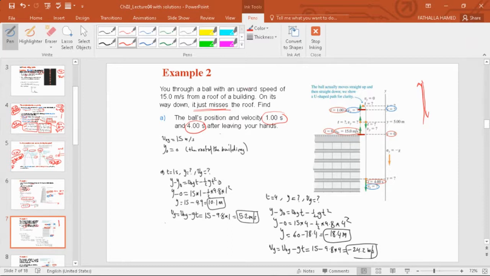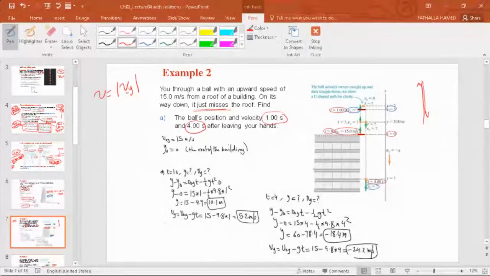Now they tell you you're throwing something up with speed. Now remember what I told you about speed and velocity. Now in this situation here, your speed will equal the absolute value of your velocity. So vy here is a velocity. v here is speed.